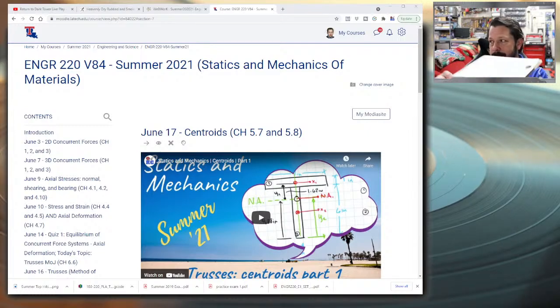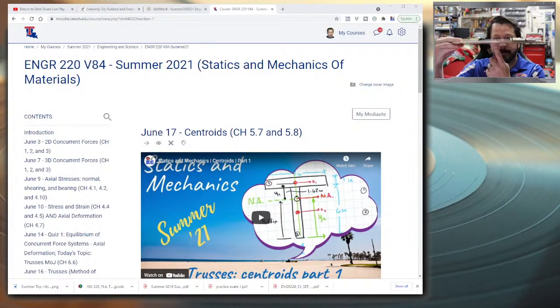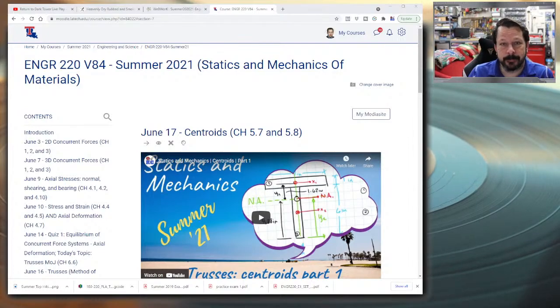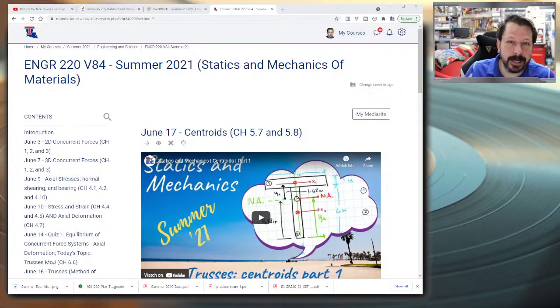If you wanted to balance it on some point, then that point would be its centroid. And in that sense, it does correlate to center of gravity, except that, like I said, we are going to do 2D, no volume, no thickness at all shapes, and so they don't really have weight or mass at all, so it's not the same as center of gravity.